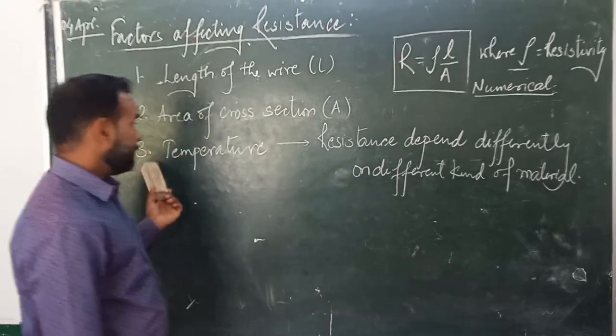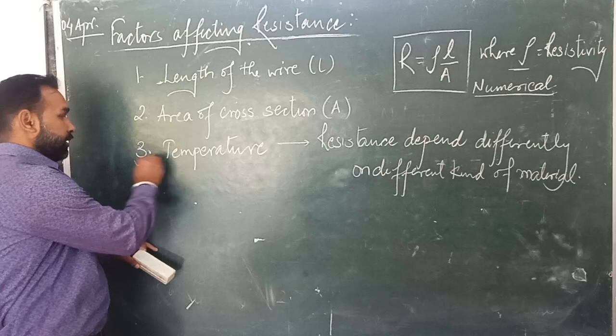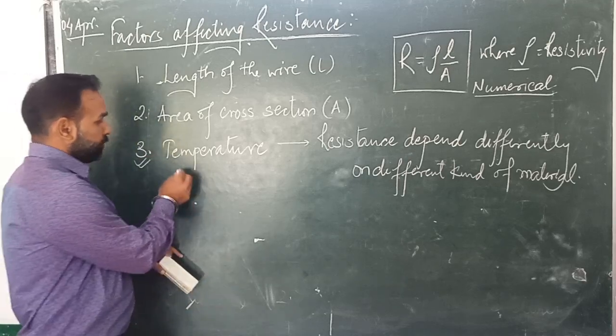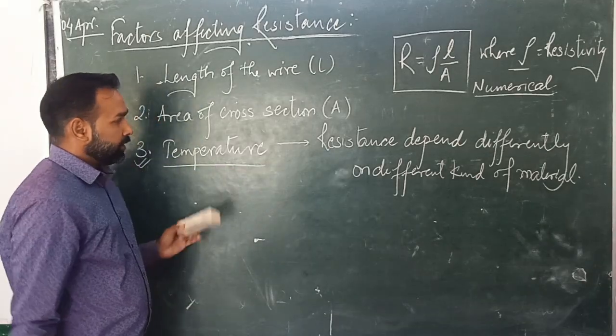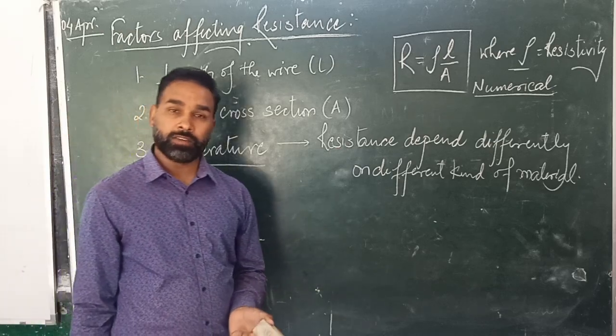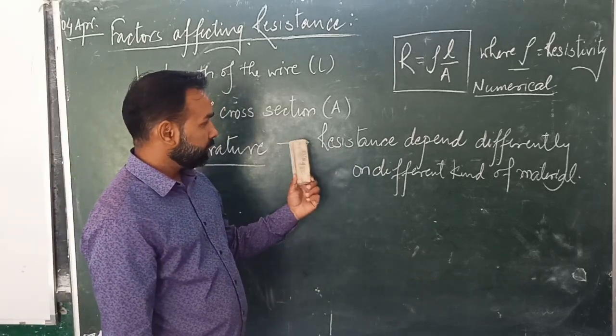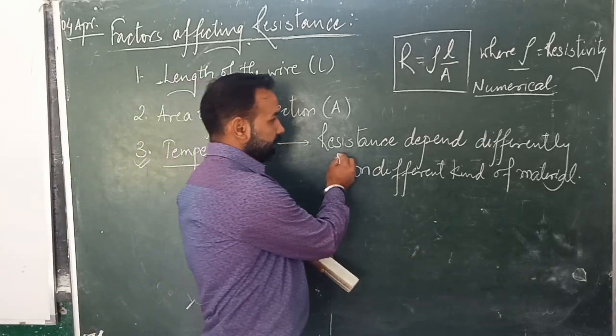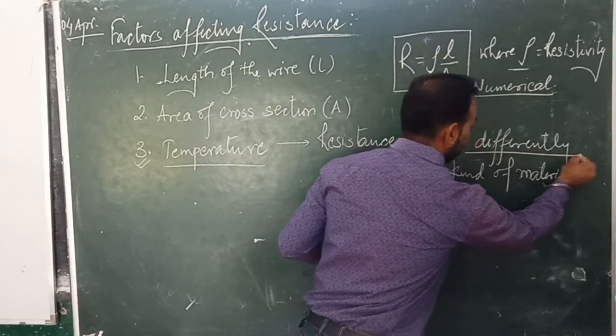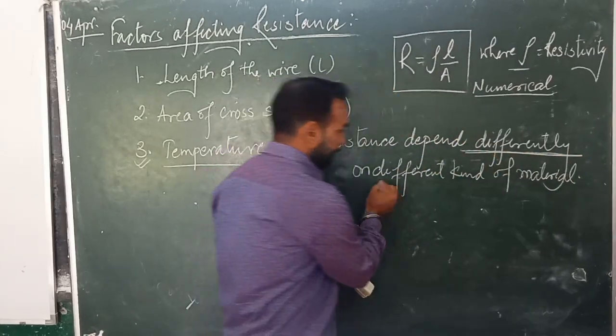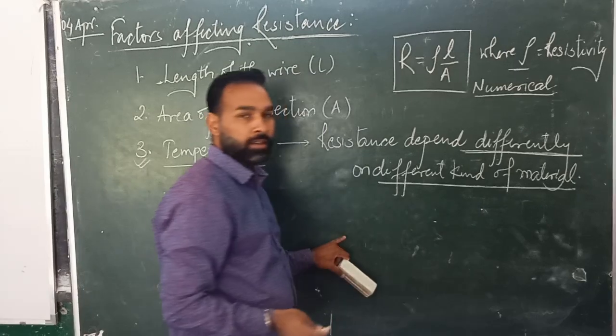So, the third factor was left, that was temperature, and temperature is a very important factor which affects the resistance of a material. Now, the important thing is that resistance depends differently on different kinds of material.